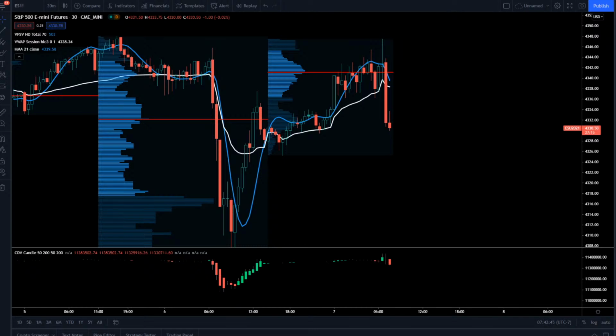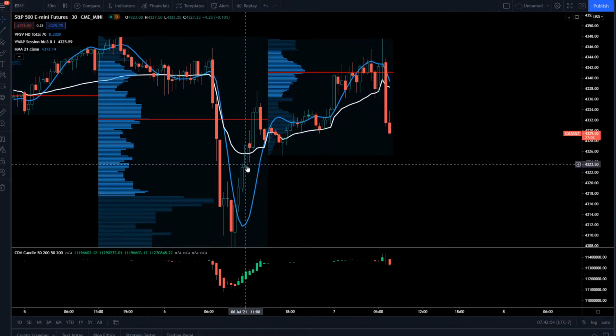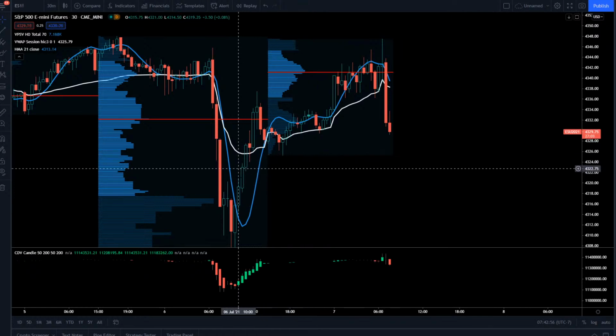Breaking structure low. There's singles down here on a previous session. See these single prints down here? That's these right here.